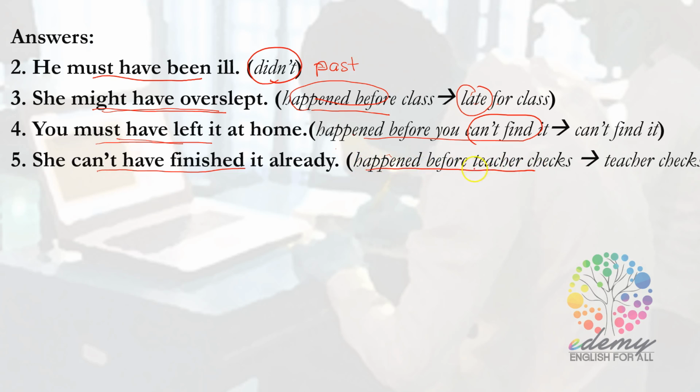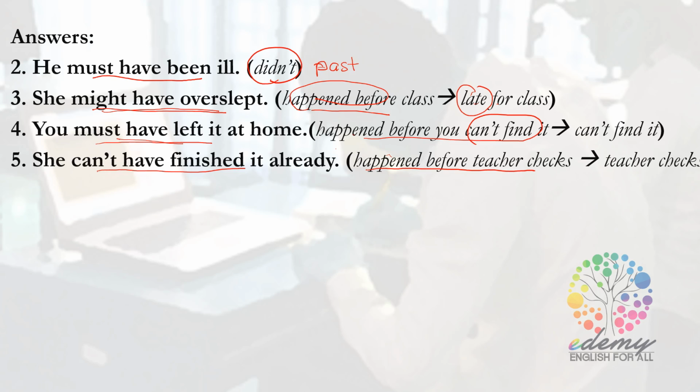What happened before? She might have finished her homework, but maybe the homework is too difficult, so we think that she can't have finished it already. She can't have finished it indicates that this happened before the present time that the teacher is checking Maria's homework.